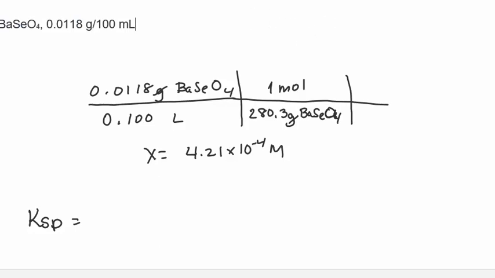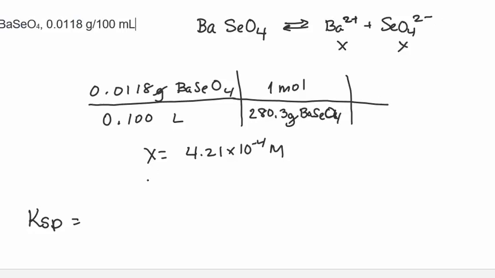So this is going to break up into barium ions and selenate ions. And because it breaks up like this, each of these would be an X. There is no squared term or anything because my coefficients are each 1. So the Ksp is going to be X squared. This is X, so the Ksp ends up being 1.77 times 10 to the negative 7.